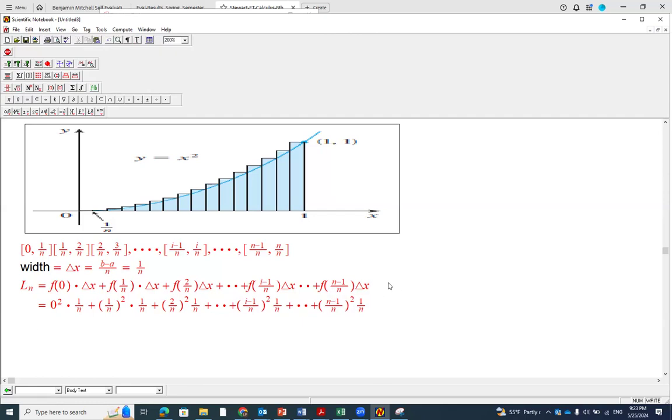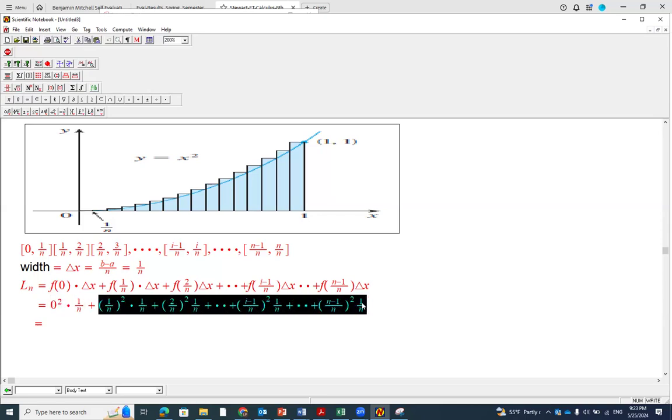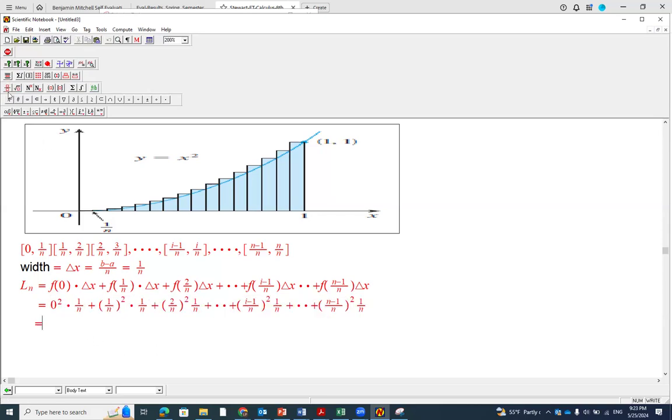And this is an algebraic expression. And what do we get here? This piece, of course, is 0. And all of these, we are going to get 1 over n squared. So they all have these denominators, right? And 1 over n is a common factor. We have 1 over n for each one of these terms.